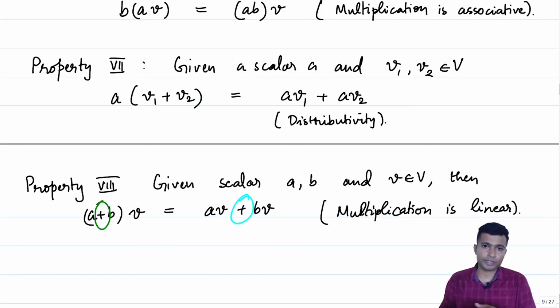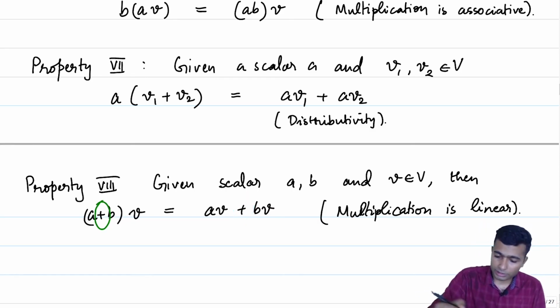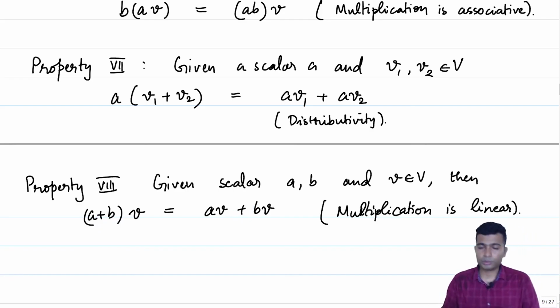Even though we are using the same notation plus, the abuse of notation is not going to create any confusion, as can be observed from the context. What this says is that if you do the addition first in the scalars and then multiply it to our vector, or you first multiply it to our vector and then do the vector addition, the answer should be the same. Notice that this property is satisfied in both R2 and R3.